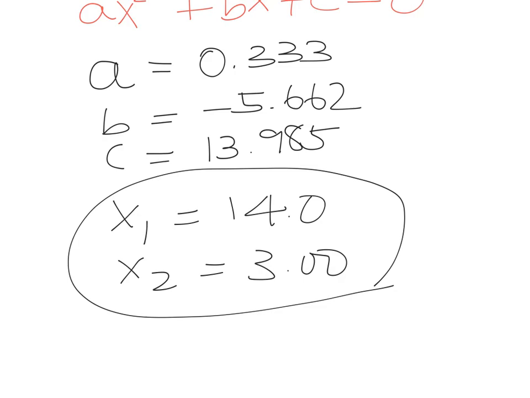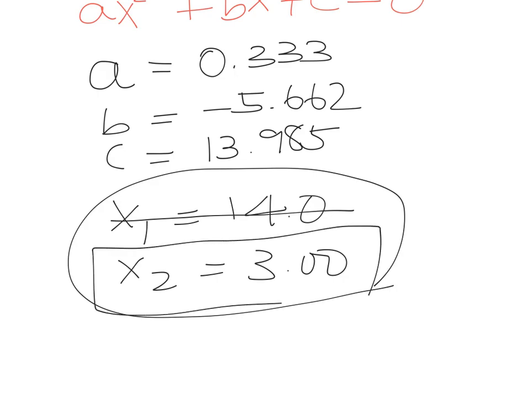One of them will likely be rejected, which is 14 in this case. Please refer to your notes so that you know why we rejected 14 in terms of the equilibrium problem that we were solving. And we actually accepted the value of x is equal to 3. And we finished our question in class.